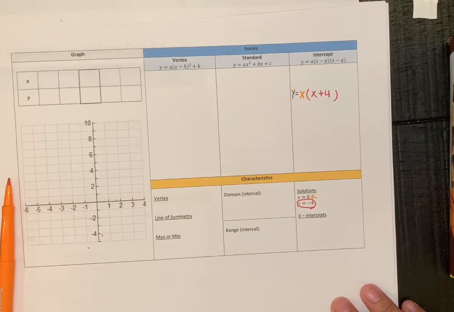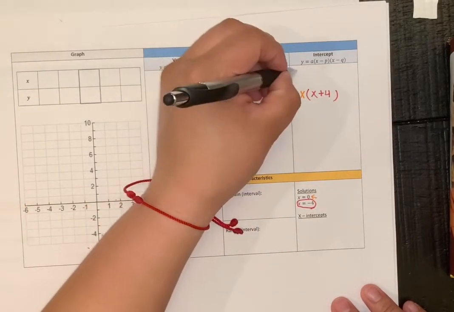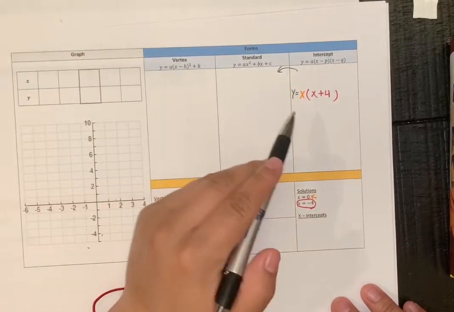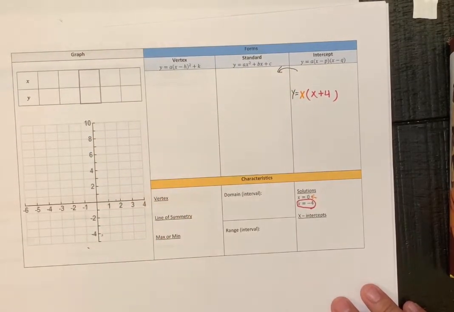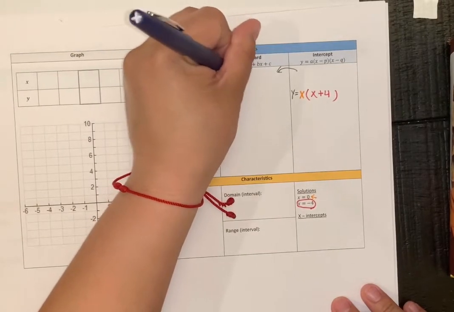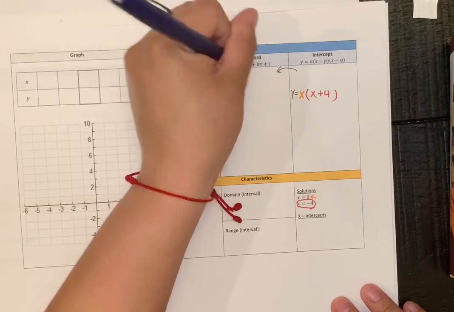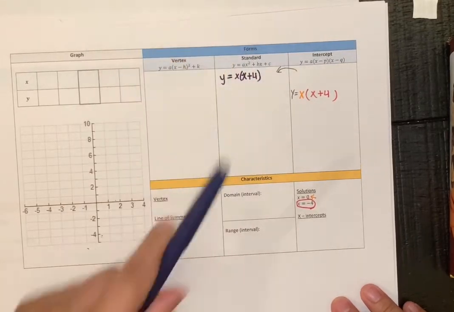So that's our x-intercept form. Now, to get from x-intercept to standard form, all we have to do is distribute this x. So if I write it down again, y equals x times x plus 4.